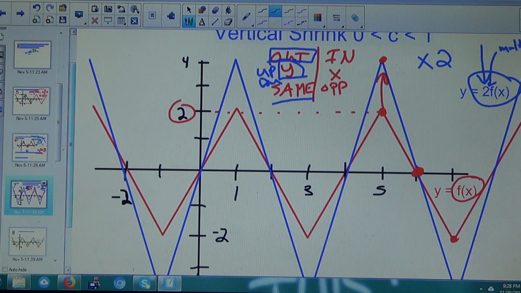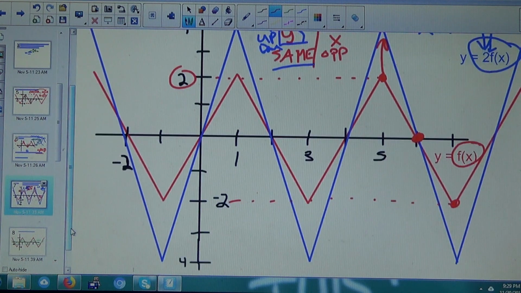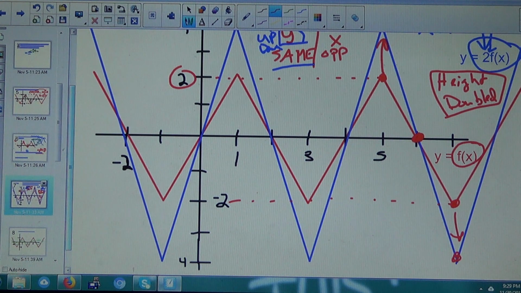What's the height here at? -2. So I take -2 times 2, it gives me, fall off the screen there, -4. So you now see how essentially when there's a 2 on the outside, the height doubled. And you'll be having to do something like that today, where you'll have to actually graph it, draw the parent graph, and then show me what the new graph looks like.